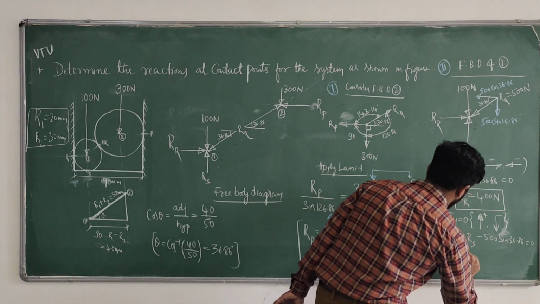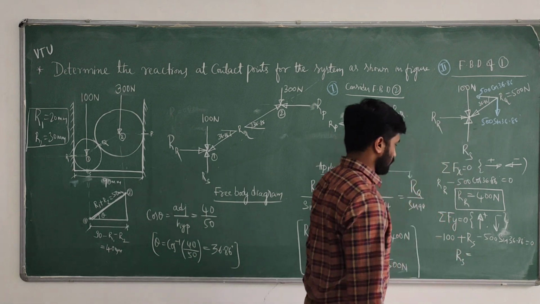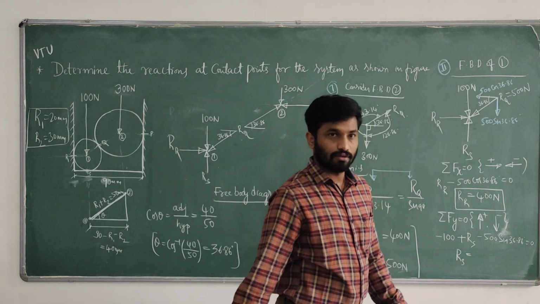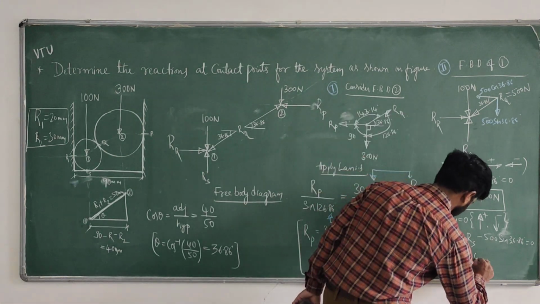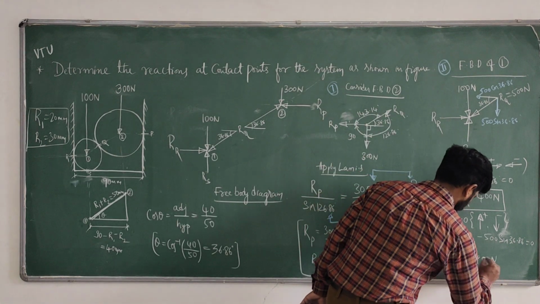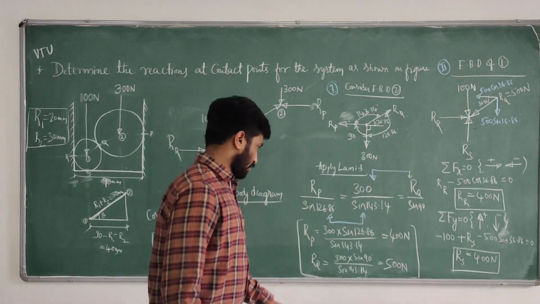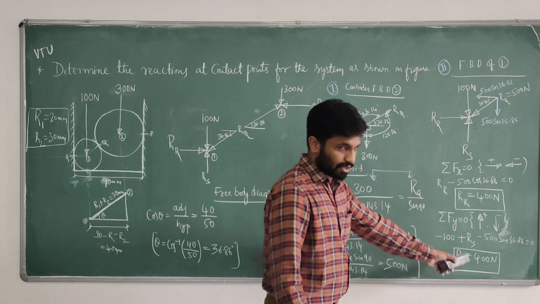So finally you get the RS value. RS equals 500 sin 36.86 plus 100, which is 400 Newton. So this is the computation of RP, RQ, RR and RS.